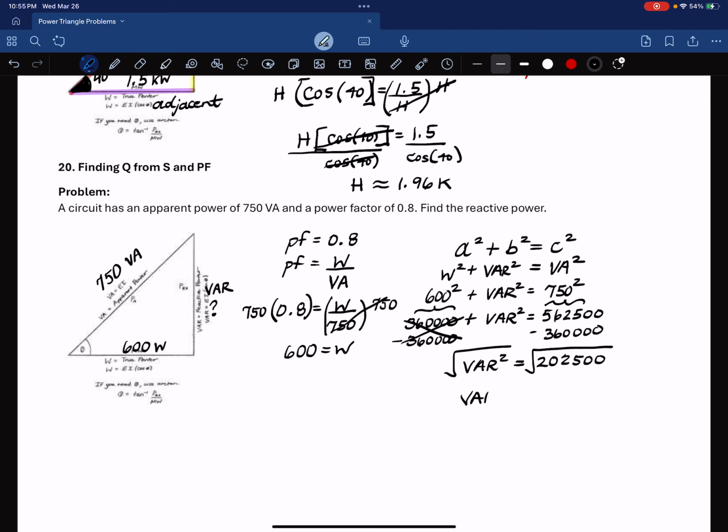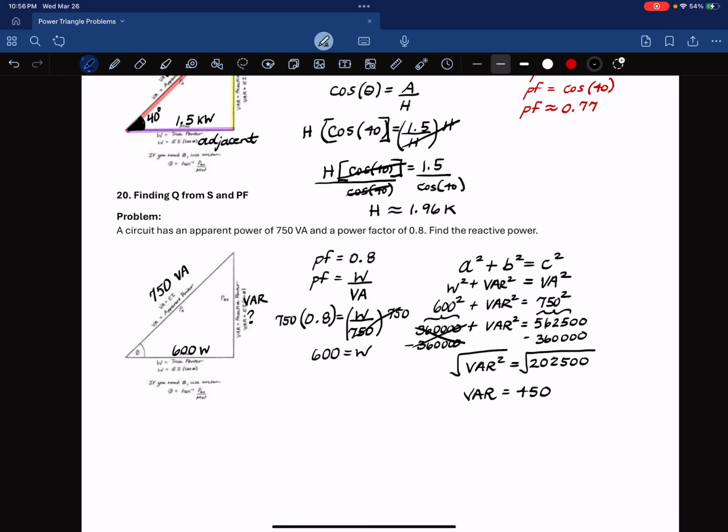So reactive power is, I believe that one's going to be an even one, but let me look. I believe that's a perfect square. Possibly not. Yes, it's 450. So the reactive power is 450. And this was not in kilo units, so just 450.